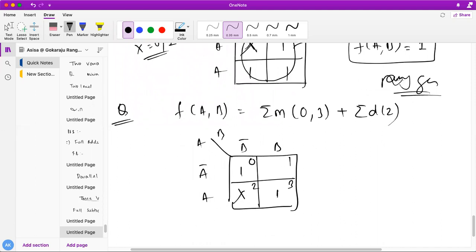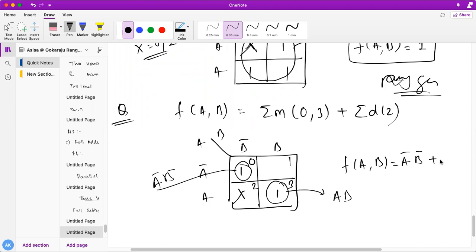So what I'm going to do, whether to use this don't care or not. Obviously I'm going to use it. If I'm not going to use it, how does my equation look? This is my term a b, and this is my term a bar b bar. So f of a comma b is a bar b bar or a b. How many literals? 4 literals. With how many gates?